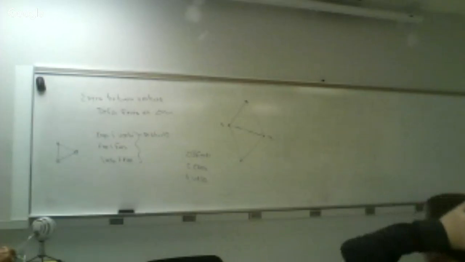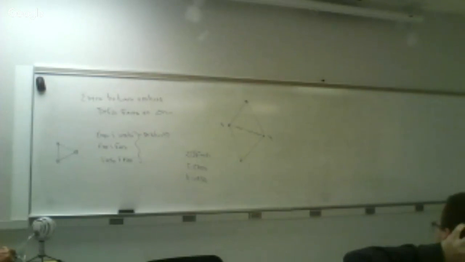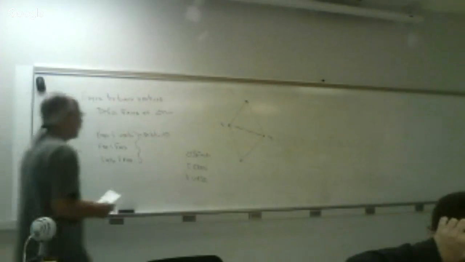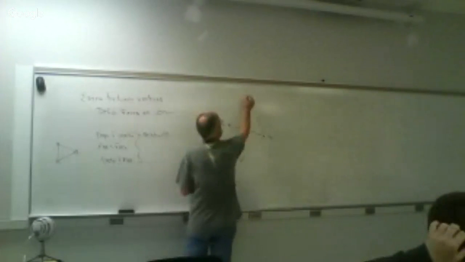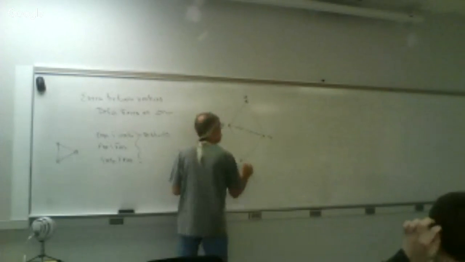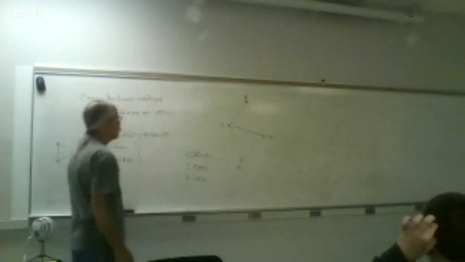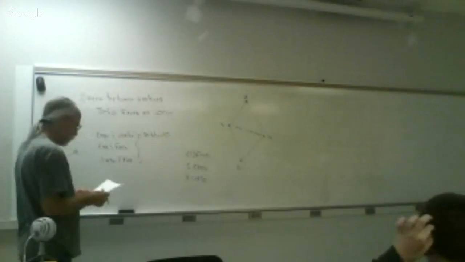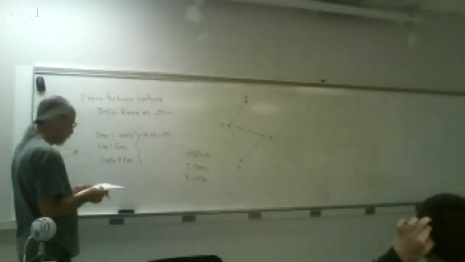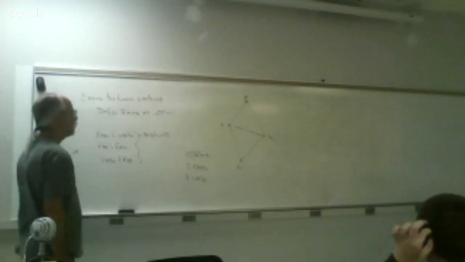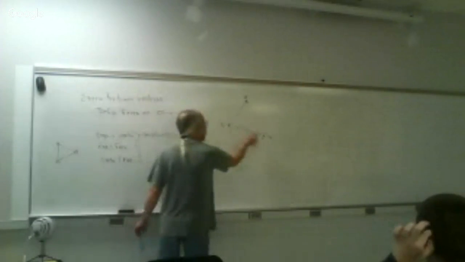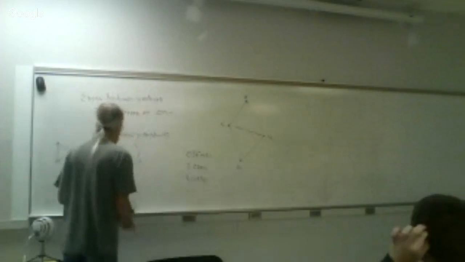So rock and roll, I've triangulated a polygon. Let me put the other names in here, so Z and W. I want to look at XY. I want to look at this diagonal that I introduced in particular.